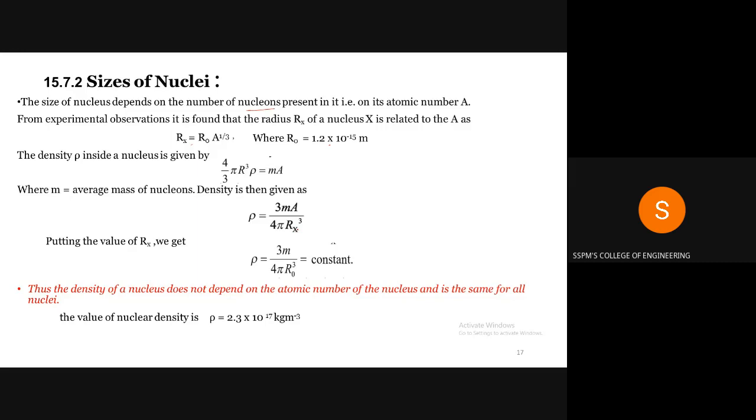Putting the value of the radius of the nucleus of element X, rho equals 3m upon 4π r0 cube, which is a constant. Thus, the density of a nucleus does not depend on the mass number of the nucleus and is the same for all nuclei. The value of nuclear density is rho equals 2.3 × 10^17 kg per meter cube.